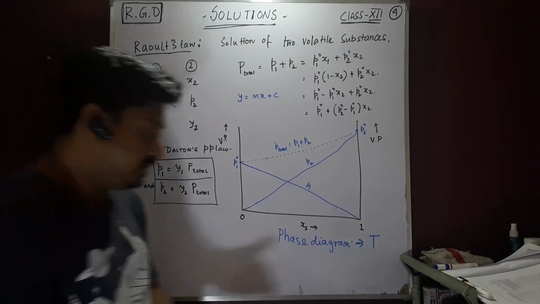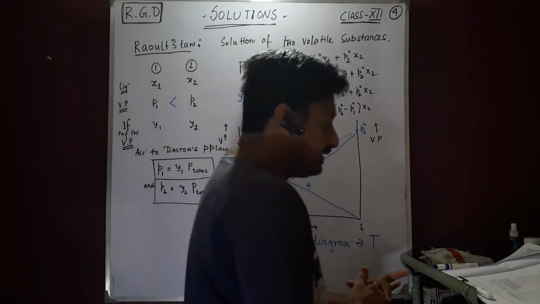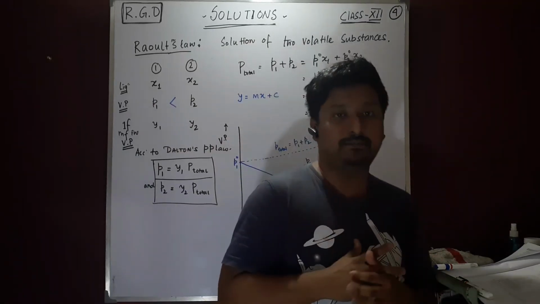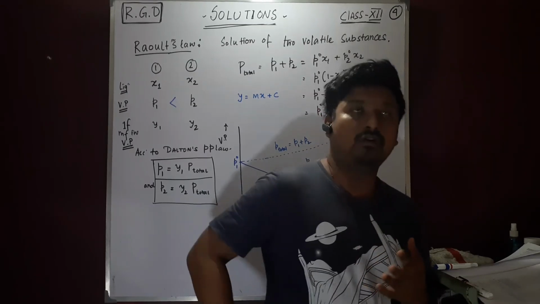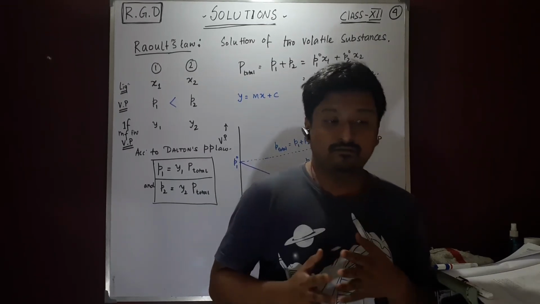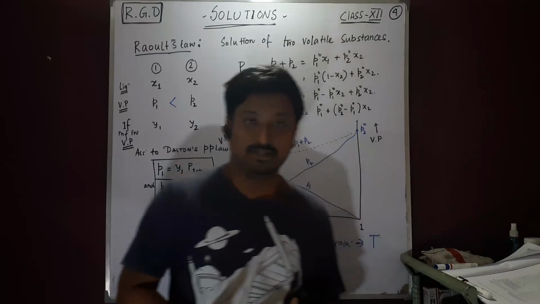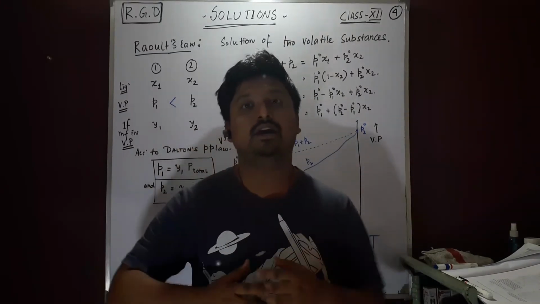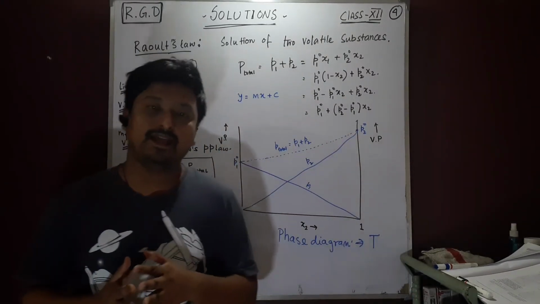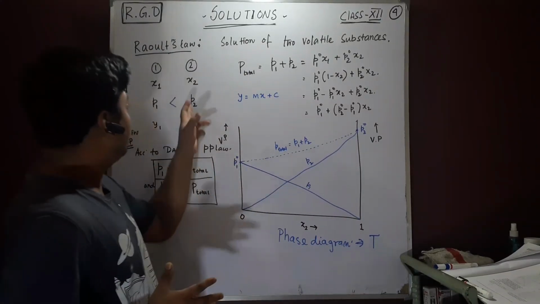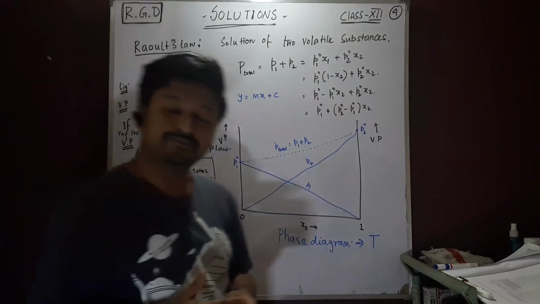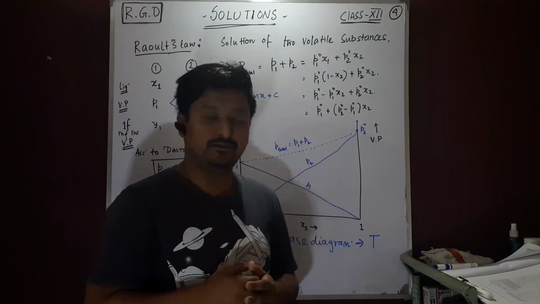So what we have learned so far is that Raoult's law is applicable, well, not for all substances, but when you have a volatile substance, then you have a vapor pressure there. And that vapor pressure is basically proportional to the mole fraction in the liquid phase.